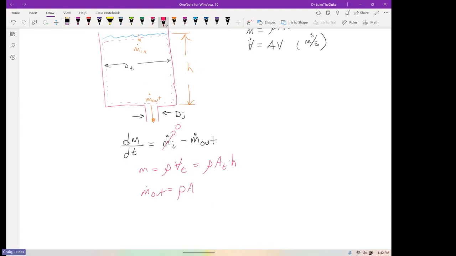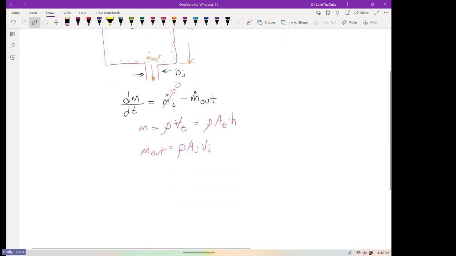It's rho AV, but of the jet. Does that make sense? So we got the mass of the tank, we got the mass flow rate going out. We're going to plug those back in. I'll do those in green. So d of rho A_T H over dt equals negative rho A_J V_J. Let me make that clear.